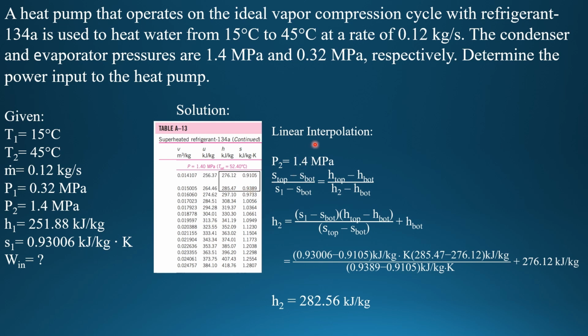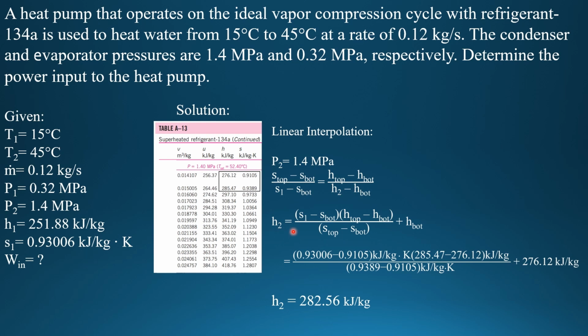So we will be using linear interpolation with this equation: the specific entropy top minus the specific entropy bottom over the specific entropy at state 1 minus the specific entropy bottom is equal to the specific enthalpy of the top minus the specific enthalpy of the bottom over the specific enthalpy at state 2 minus the specific enthalpy of the bottom.